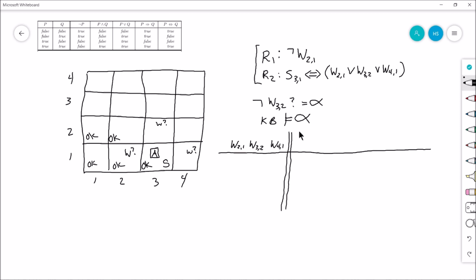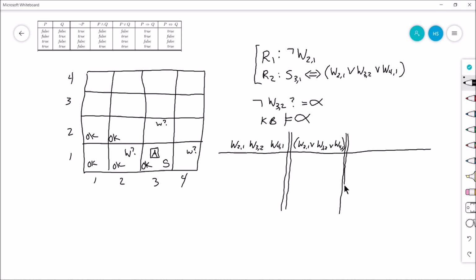So just for bookkeeping's sake, I'll go ahead and add the W21, and the OR W32, and the OR W41, just to help me keep things straight in my head. You'll see why in a second.